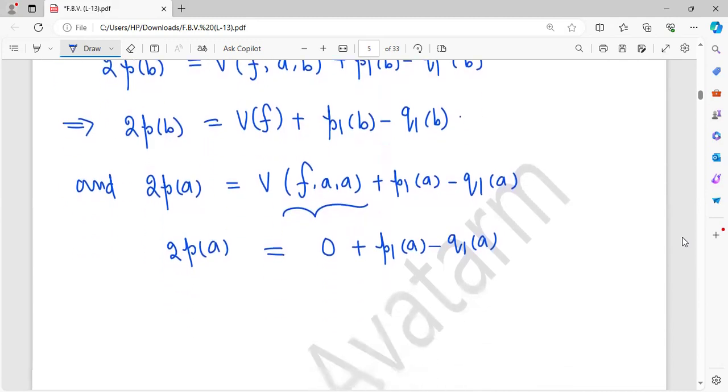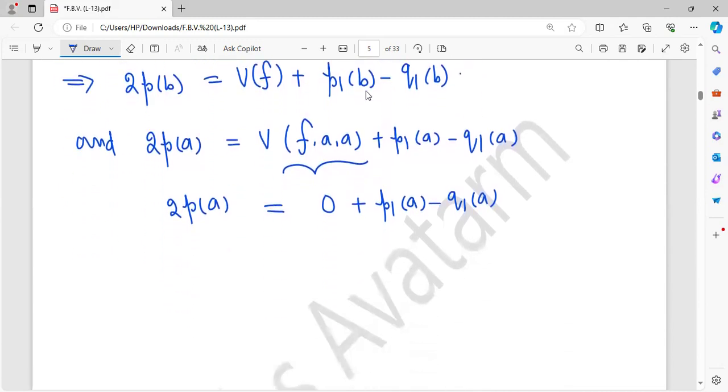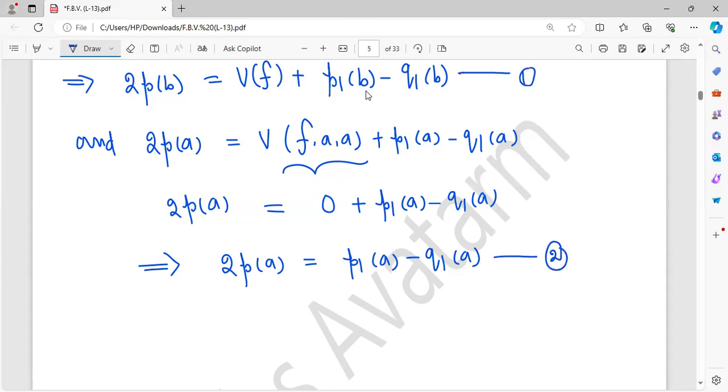So this implies 2P(a) is equal to P1(a) minus Q1(a). Let's say it's equation number 1, and the other is equation number 2.